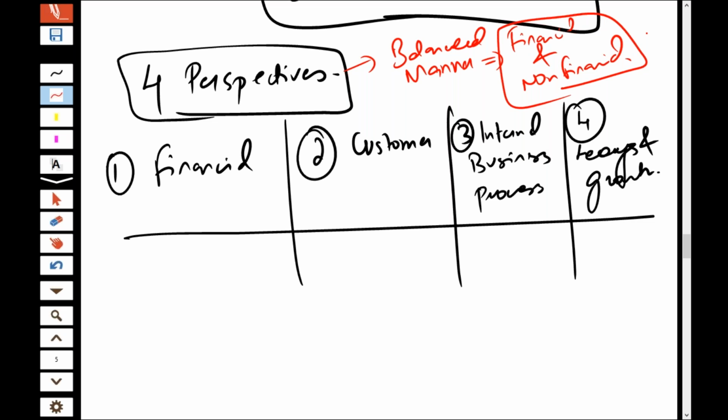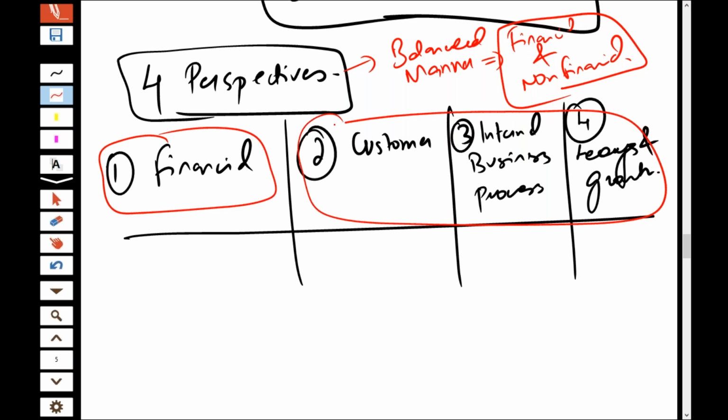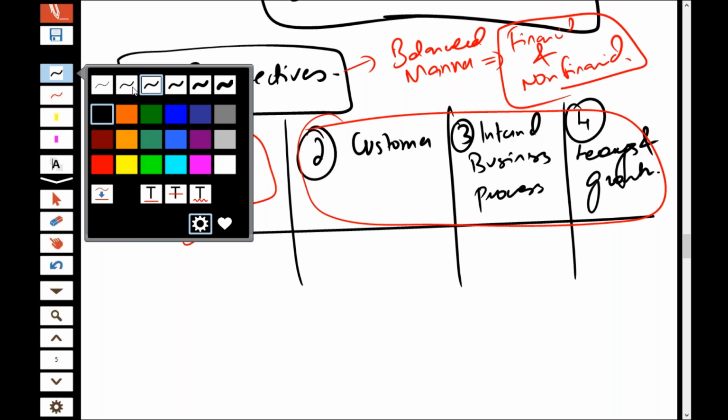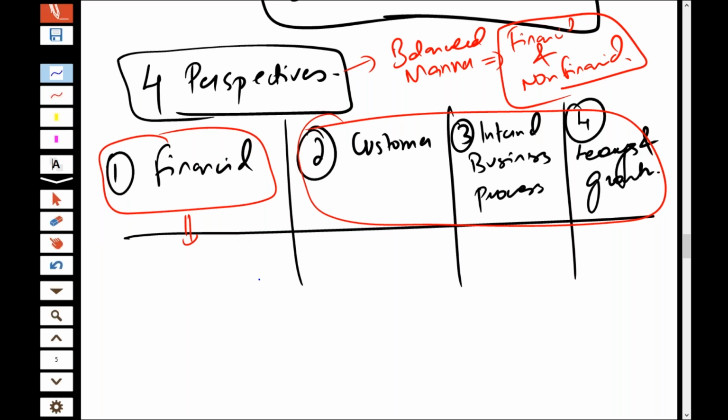Now, what exactly do you mean by these financial and non-financial measures? You could see that this is the financial measure and all of these are the non-financial measures. The Balanced Scorecard told us that if you have to measure the performance of any organization, you need to consider these four perspectives.